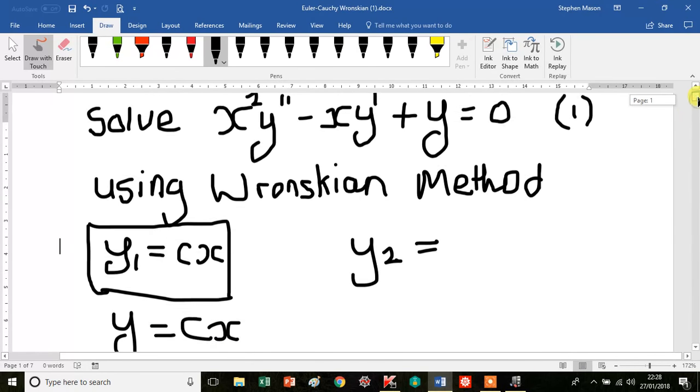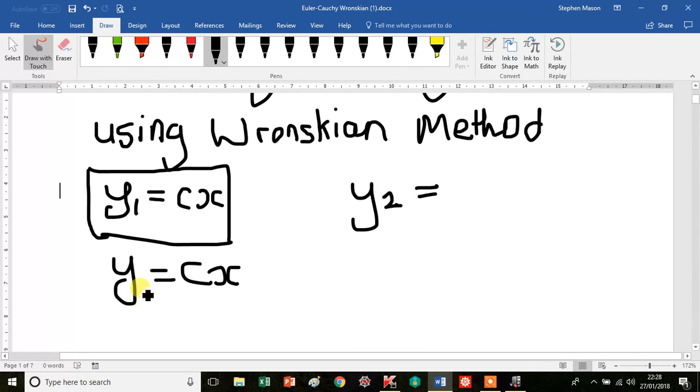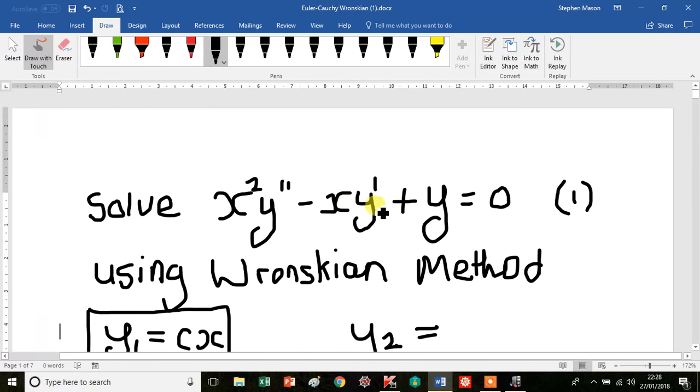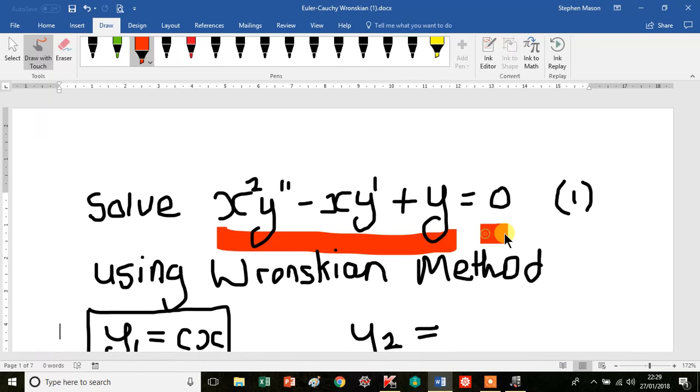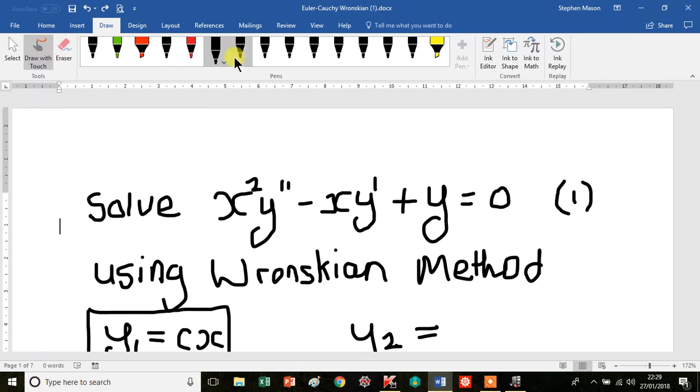because the reason why it's a solution is that when you substitute y equals cx and both of its derivatives, so the first derivative and the second derivative, into equation 1, you should find, and in fact you will find in this particular case, that the left-hand side here is actually equal to 0. But we're actually going to show that, because, of course, we can't be sure.